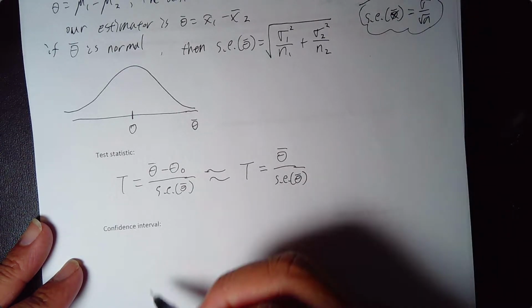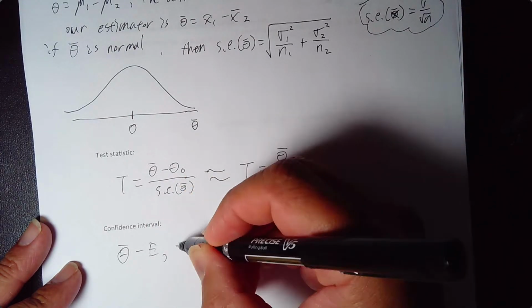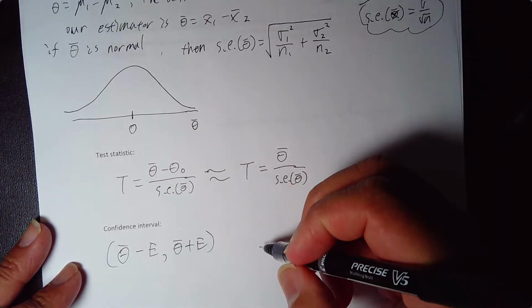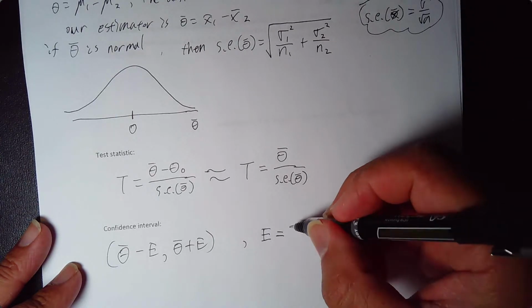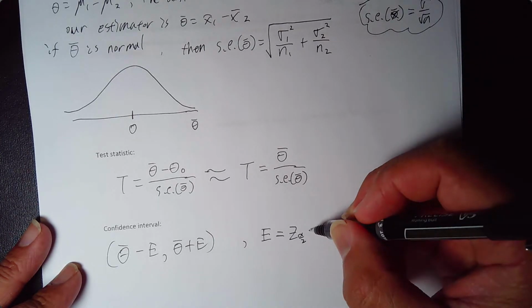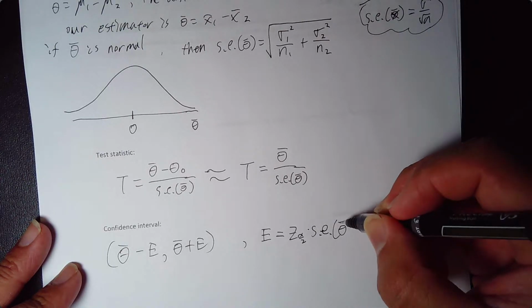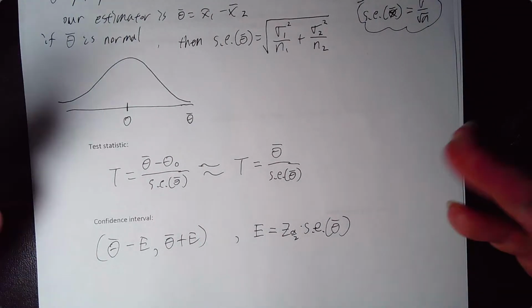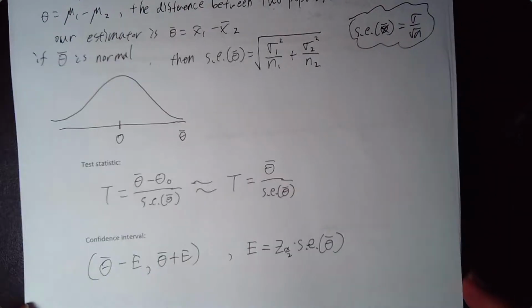The confidence interval will be theta bar minus E, and theta bar plus the margin of error, and the margin of error, just as we did before, will be z alpha half times the standard error of theta bar. Everything should look very familiar. The only change is how we calculate that standard error.